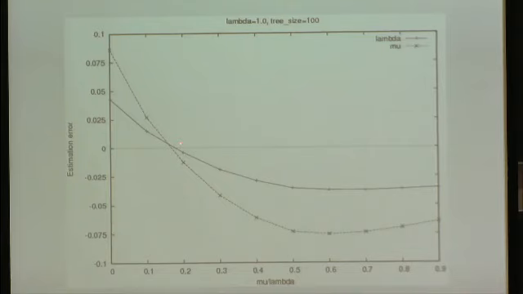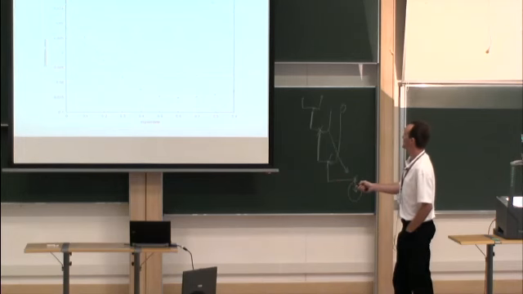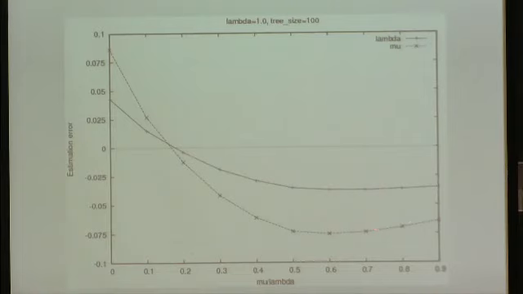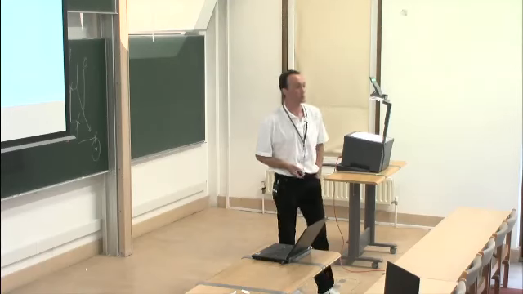Again, these are the estimation errors, so 0 is what you want. Around 20% you get very close estimates, but they get worse as you increase it, and then tend to get a little better again for larger values of mu. So how accurate your results are depends to a very large extent on the relative extinction rate.